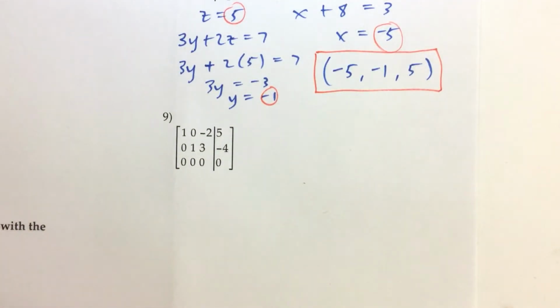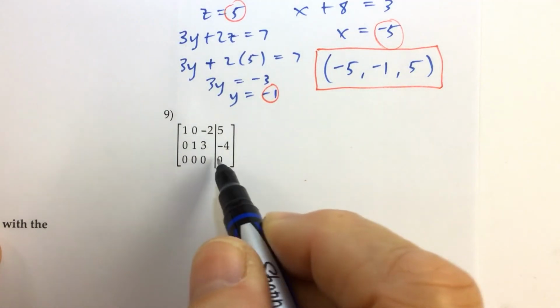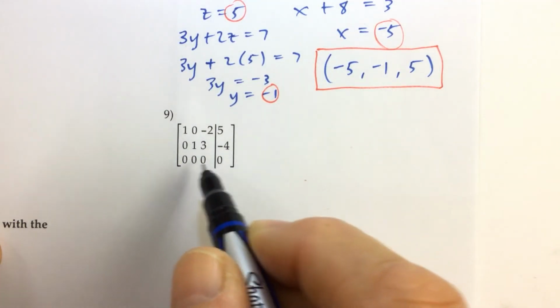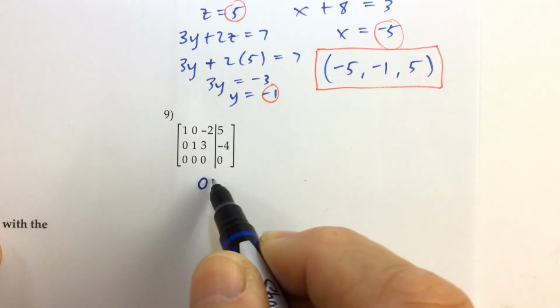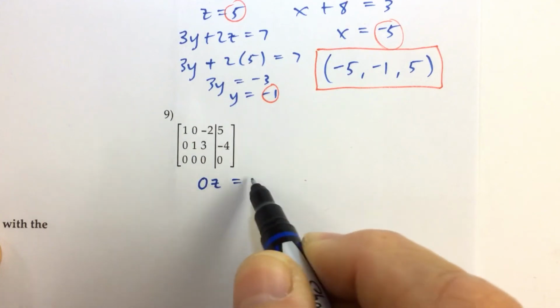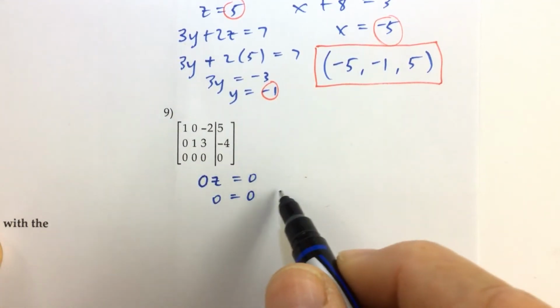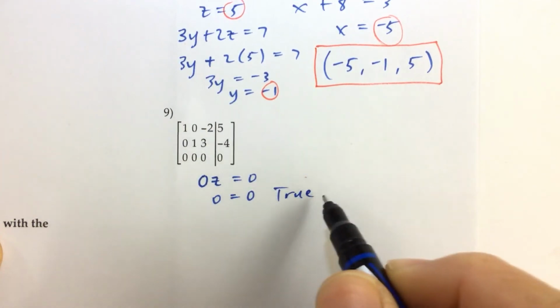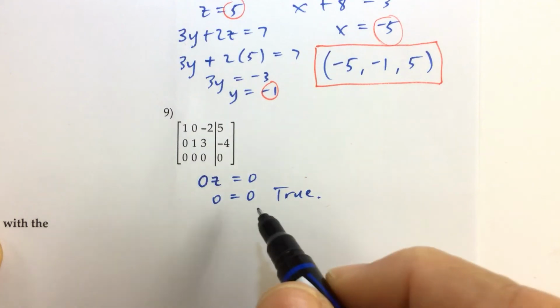And then finally, for number 9, in the third row, we see all zeros. Basically, that means we have 0 times z equals 0. So we actually get a statement that is true. If it's true, that means we can choose z to be any number.